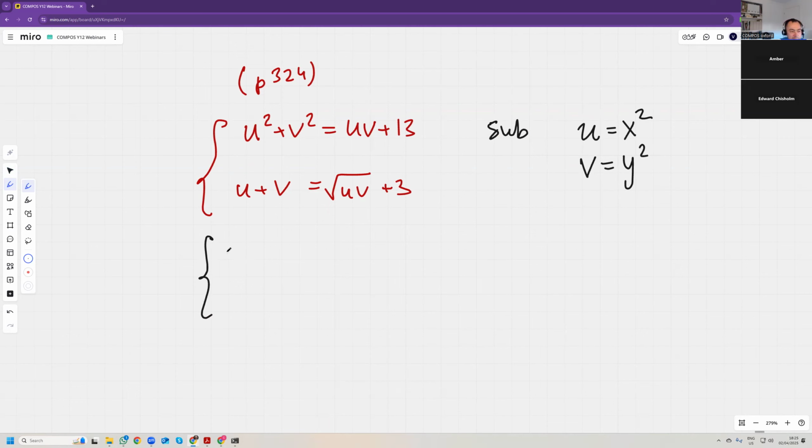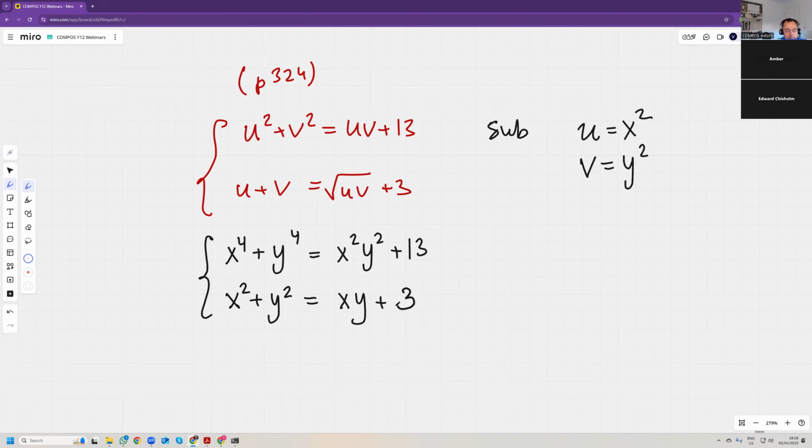So the system becomes x to the power 4 plus y to the power 4 equals x squared y squared plus 13, and x squared plus y squared equals xy plus 3.